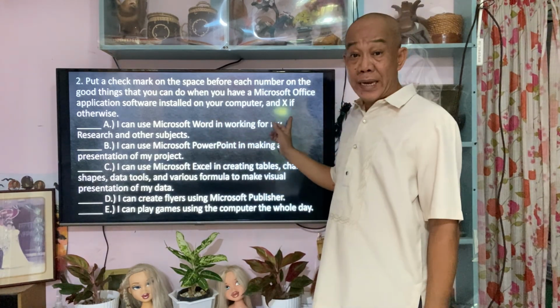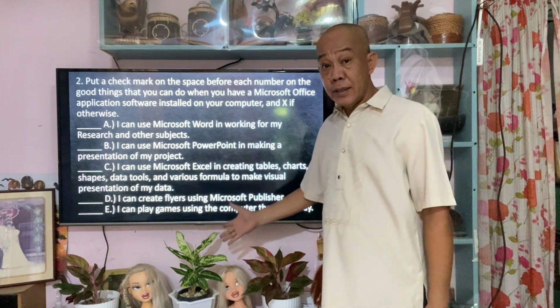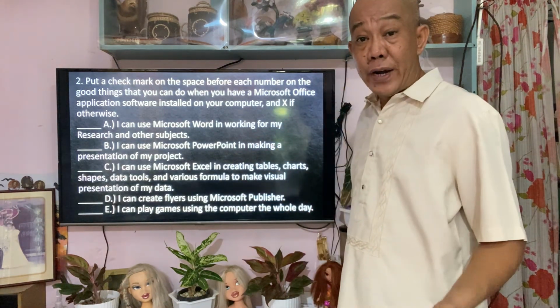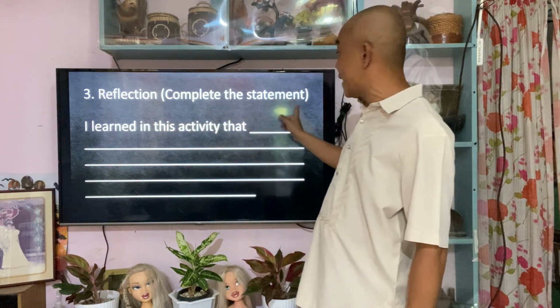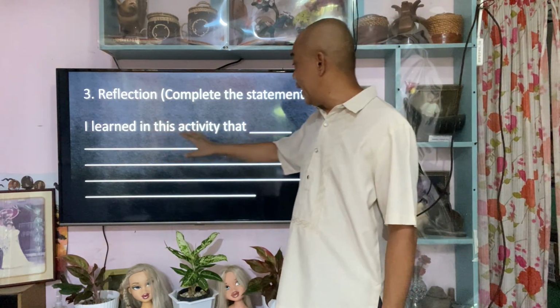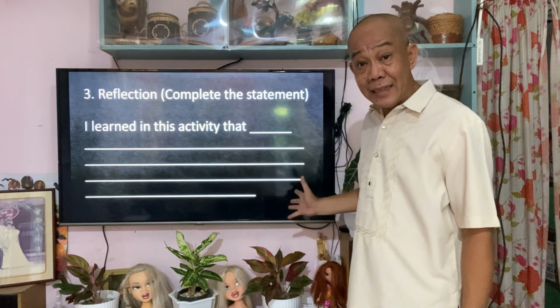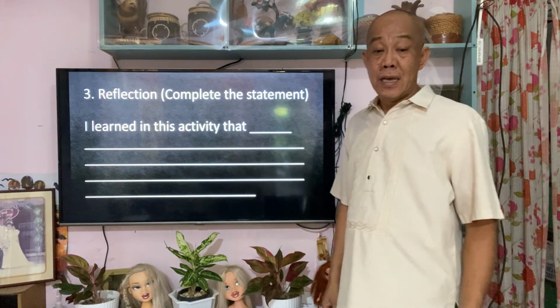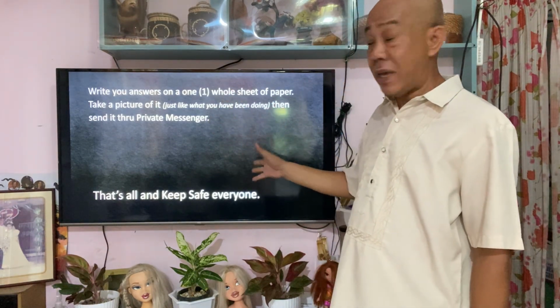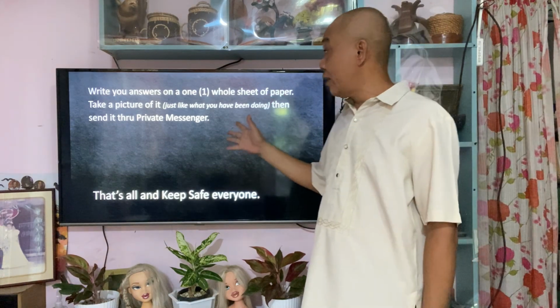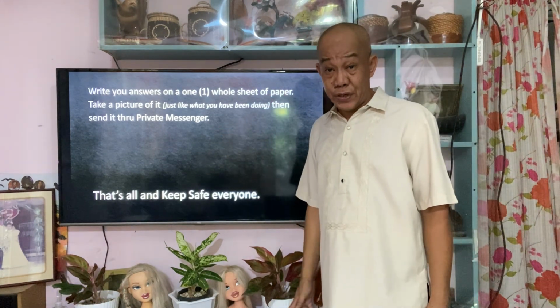Otherwise, put an X mark. And for number 3, for your reflection, complete the statement: I learned in this activity that... As usual, you're going to write your answers on one whole sheet of paper and send it through private messenger.